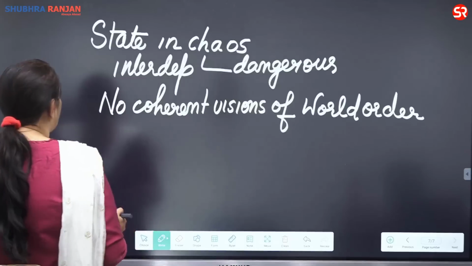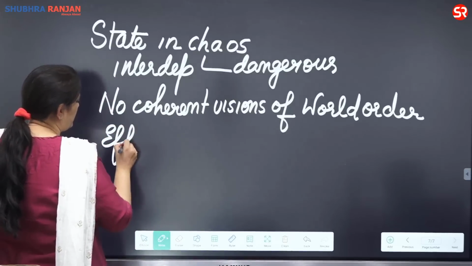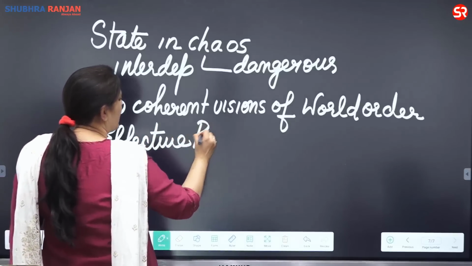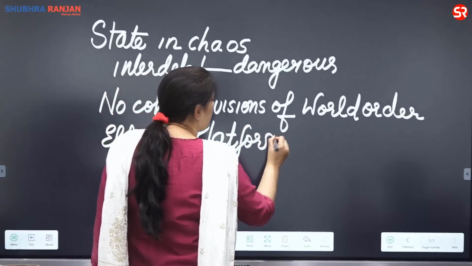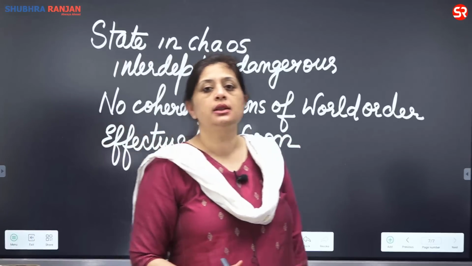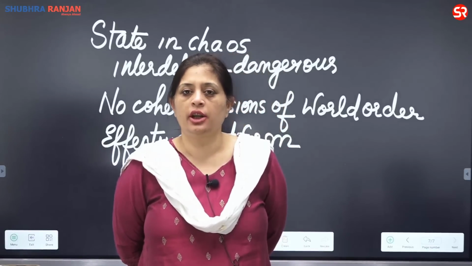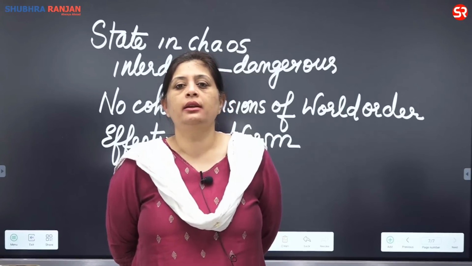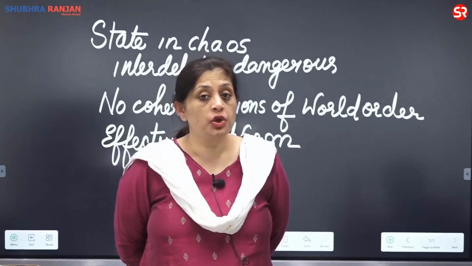Next, we also do not have any effective platform which has the legitimacy to discuss and evolve a vision. So what Henry Kissinger says is that we are in a state of chaos and a dangerous time, and we are in need of a vision.